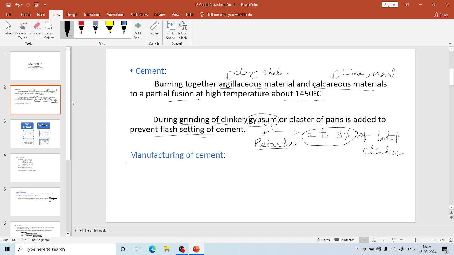So next, coming to manufacturing of cement. Cement is manufactured in what we call ball mills or tube mills, and we deploy two methods. One is the wet manufacturing process and the second is the dry manufacturing process.